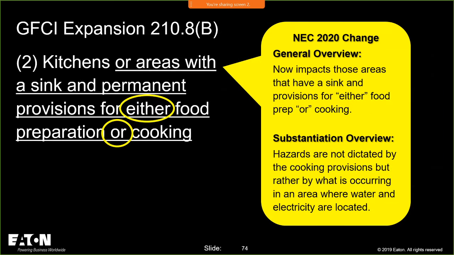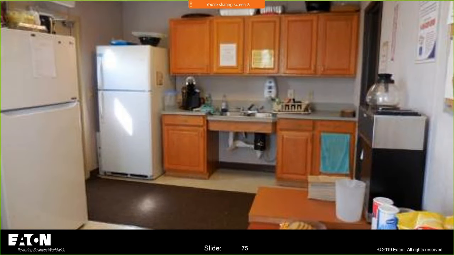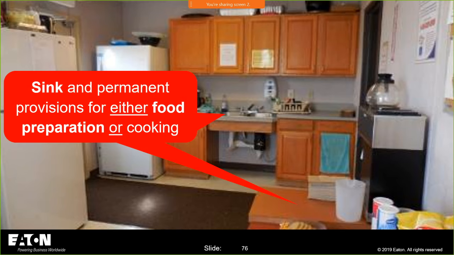Well, what we did in 210.8(B)(2) was we said areas with a sink and permanent provisions for either food preparation or cooking. So that work area, this little break room, has a sink and it has a preparation area for food, or a food prep area and cooking.